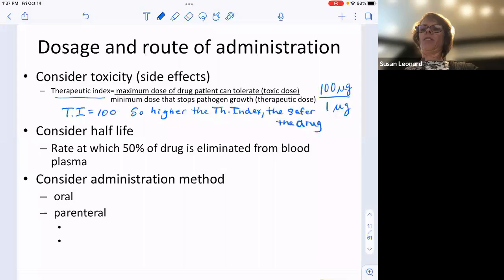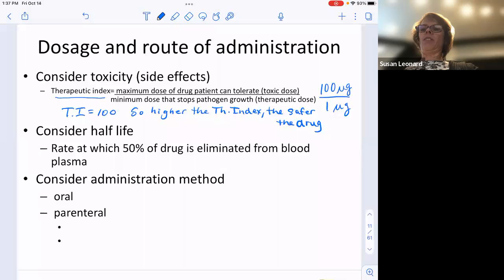I've tried to look up therapeutic indexes for a lot of different drugs, and it's not easily available. The problem is that what's safe for one person can be a little different from what's safe for someone else, so they have to test this, hopefully on an animal, with a wide range of doses to figure it out.